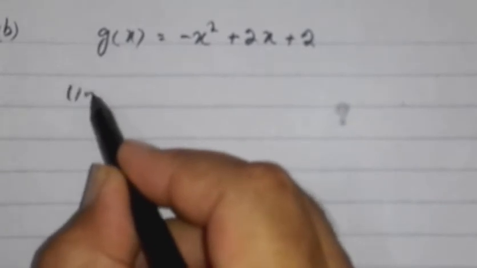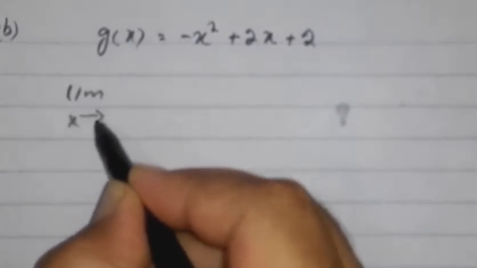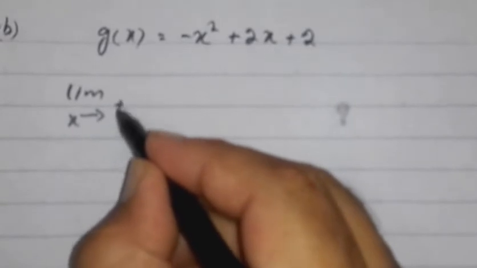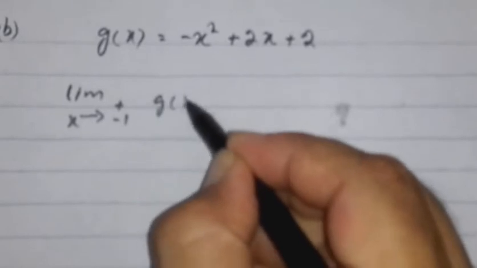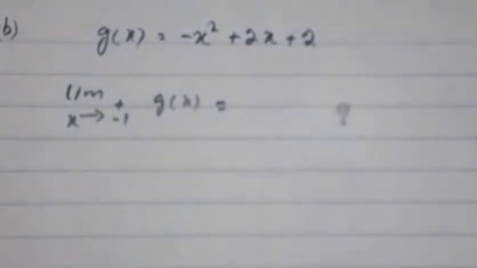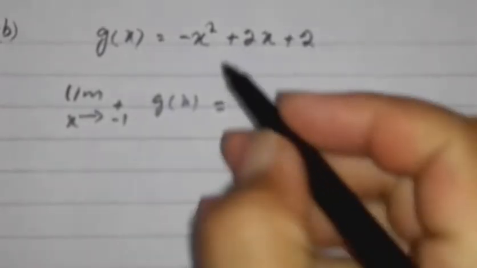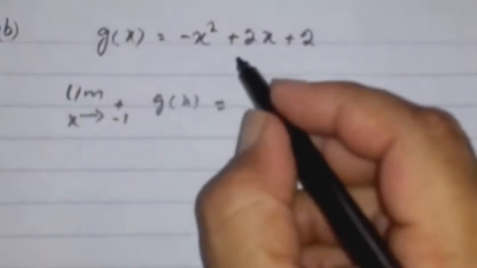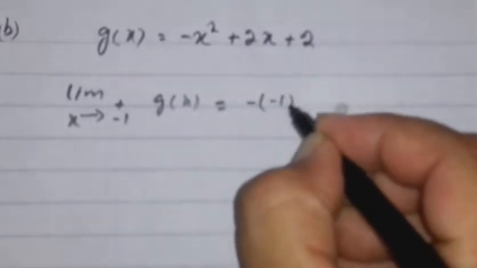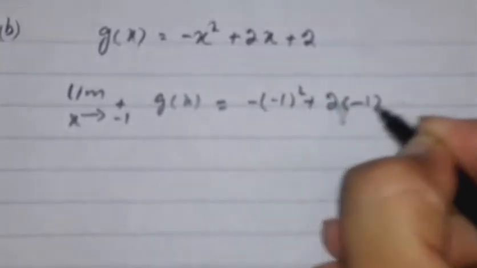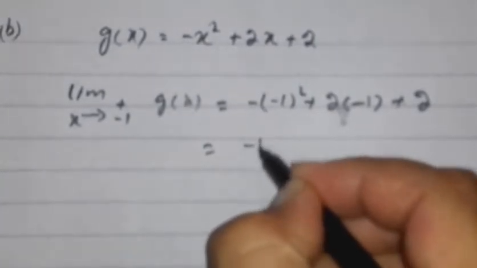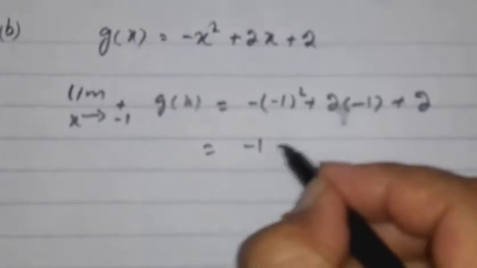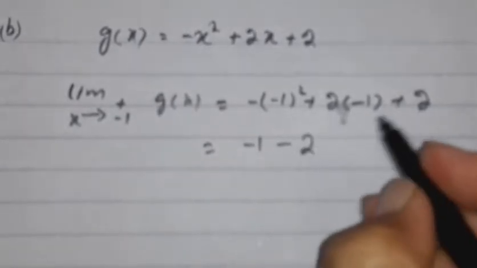So the limit as x tends to -1 from the right of g of x equals, putting -1 here, -1 square plus 2 into -1 plus 2. We get -1 square equals 1, so it is -1, minus into minus, we get -2.